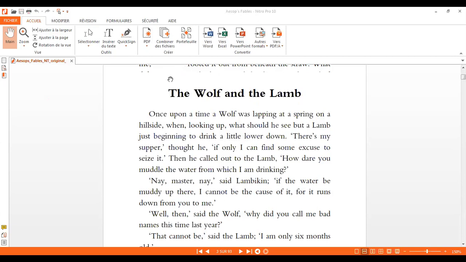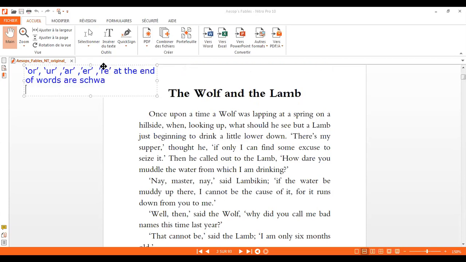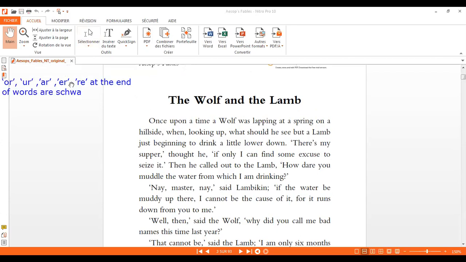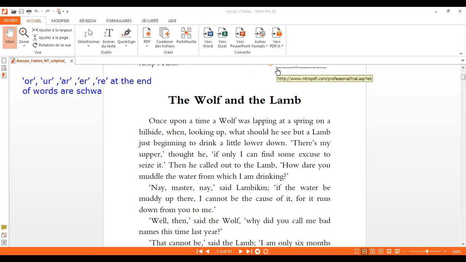Once upon a time, a wolf was lapping at the spring on a hillside. When looking up, what should he see but a lamb just beginning to drink a little lower down? There's my supper, thought he. If only I can find some excuse to seize it.